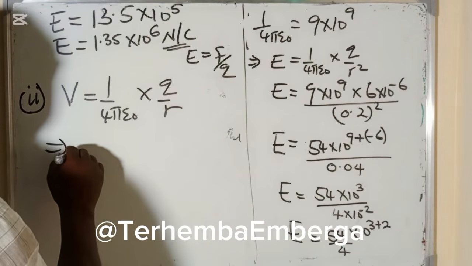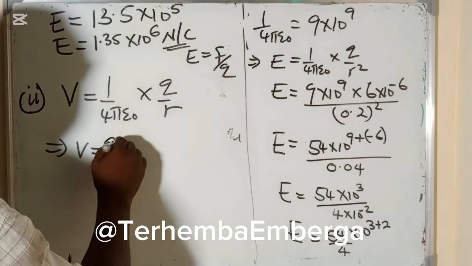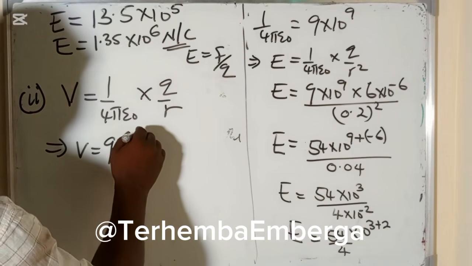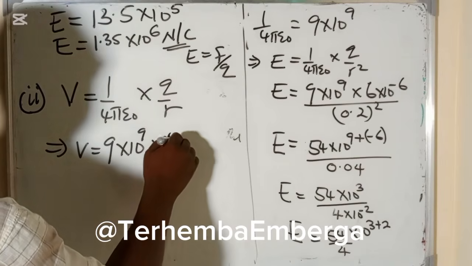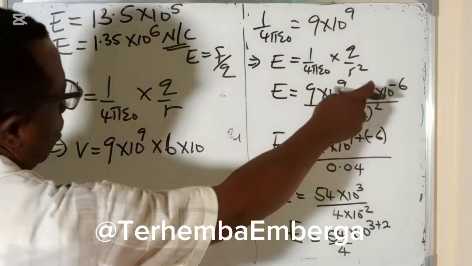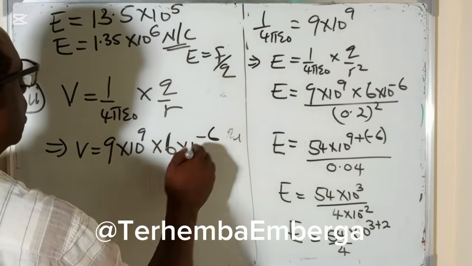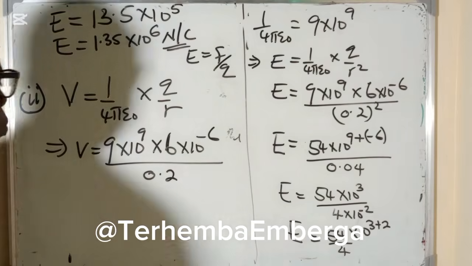So we simply substitute, and V will be equal to 9 times 10 raised to power 9 times 6 times 10 raised to power minus 6, that's the value of the charge, divided by 0.2.